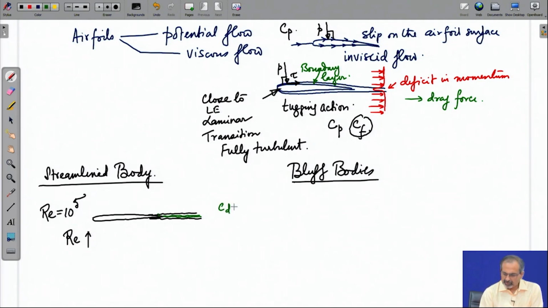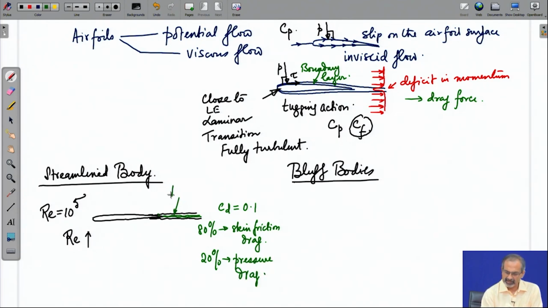If you look at the drag coefficient, it may be typically of the order of about 0.1, and you will find about 80% of that is due to skin friction drag. Maybe 20% of it is pressure drag, and the low pressure drag is because of a thin separated region.